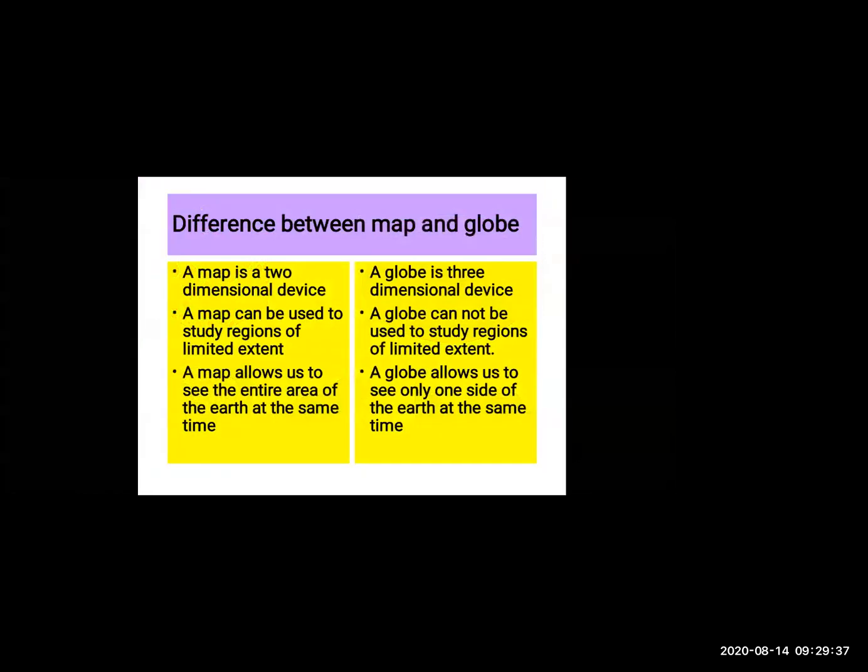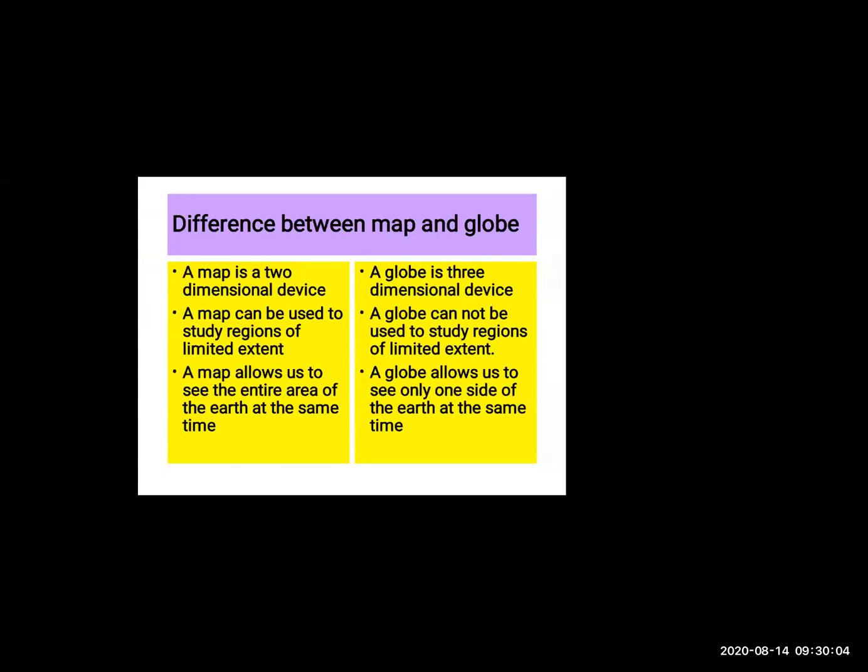Now we have learned about the map and the globe. What is the map? What is the globe? And how they are useful in geography study, and how the map and globe both are important in the study of geography. Now we are going to differentiate between map and globe because they are not similar. They both are used in the study of geography, but they are not the same thing.